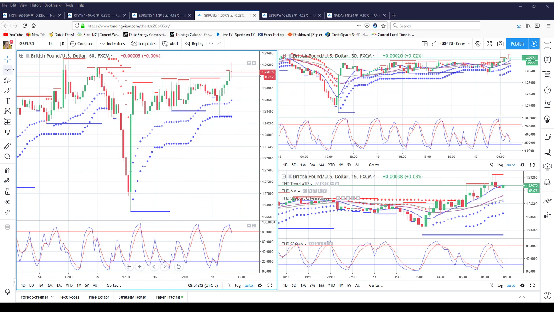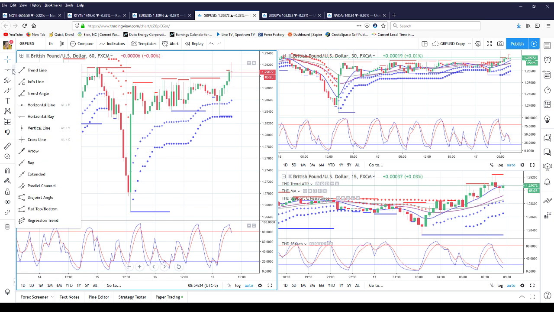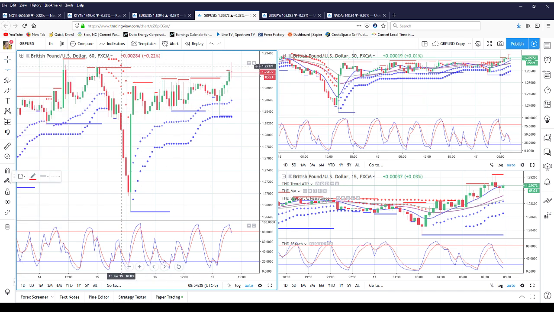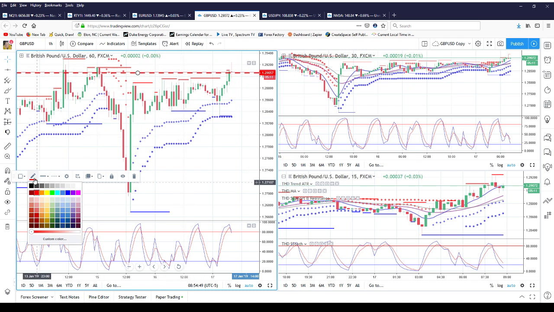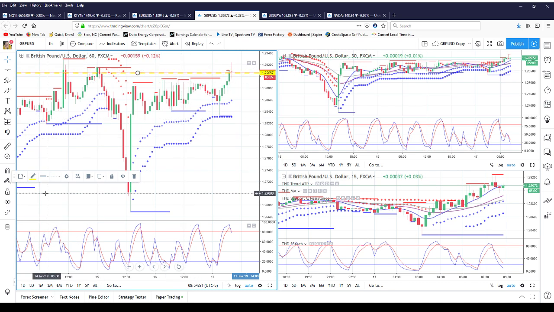If you are trading the British pound and you do believe that this is a double top formation that they're rejecting, you could actually enter it about here. And I'm going to change the color of that line to yellow. Nope, it's not going to show up.